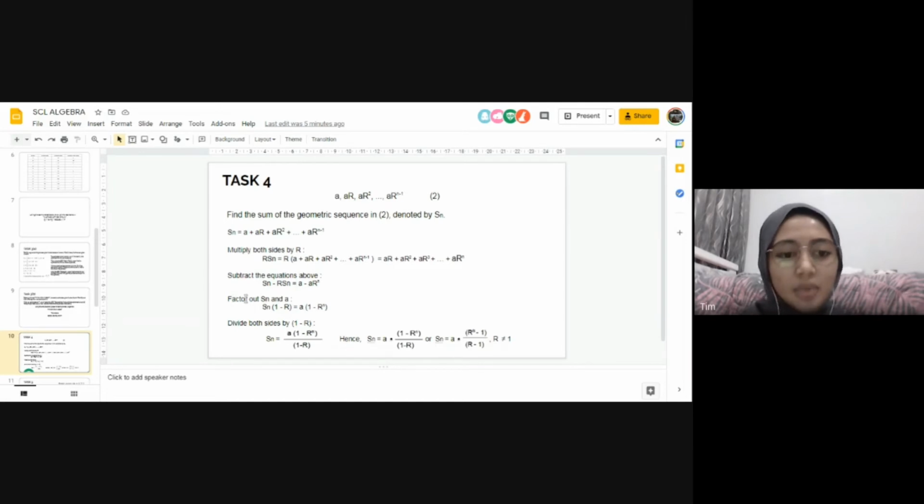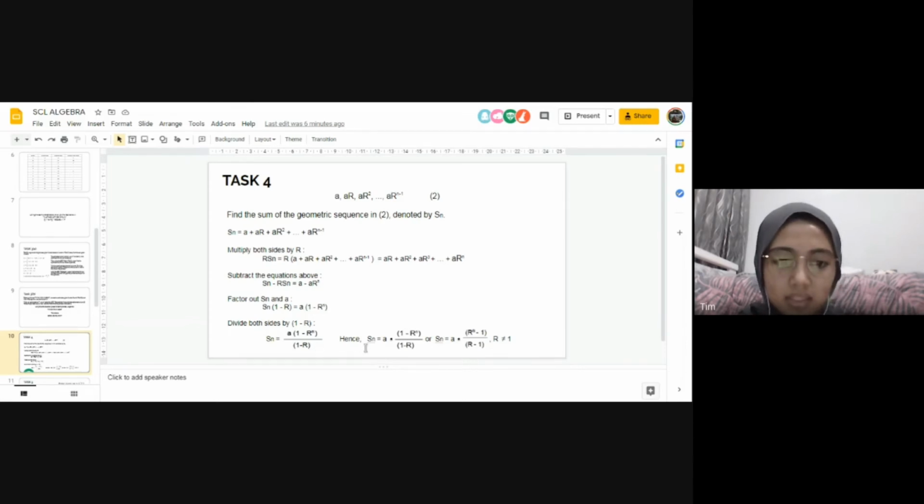Then we factor Sn on the left and a on the right, and we get Sn(1 minus r) equal to a(1 minus r to the power n). The last step is to divide both sides by 1 minus r, and then we get the answer: Sn is equal to a multiplied by (1 minus r to the power n) divided by (1 minus r).